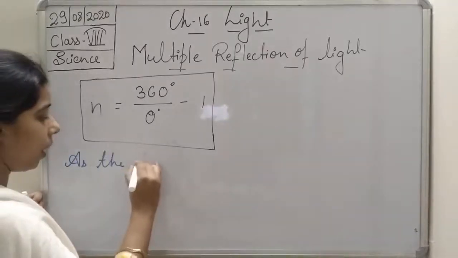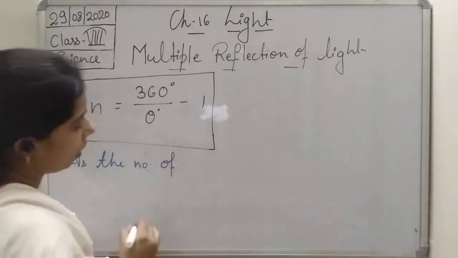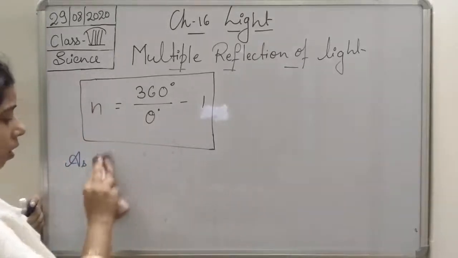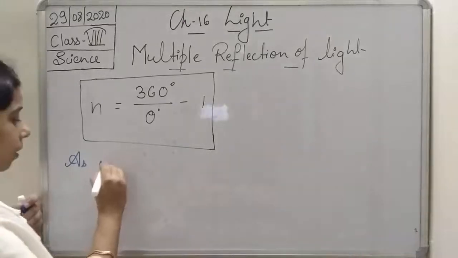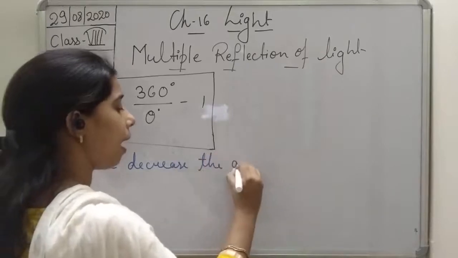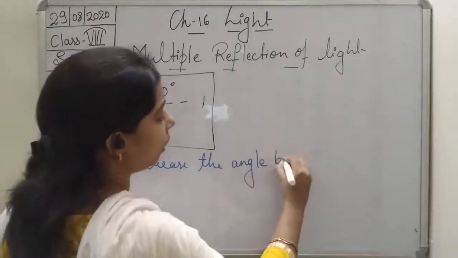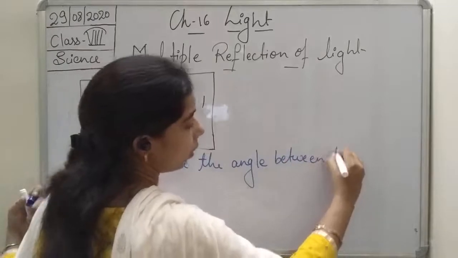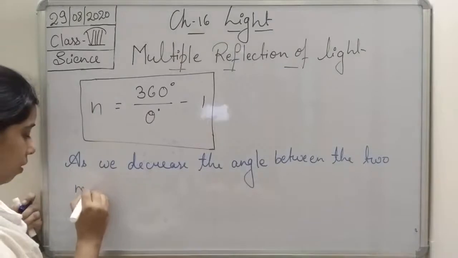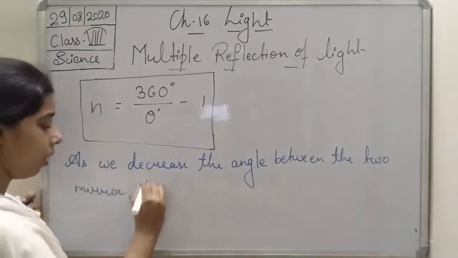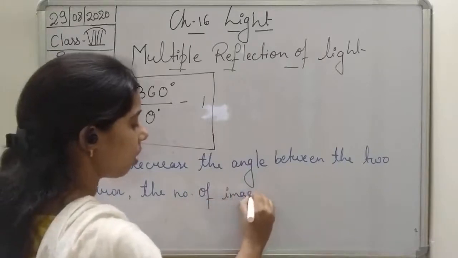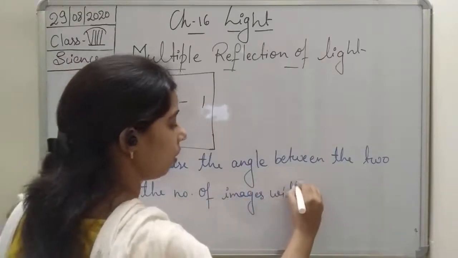as we decrease the angle between the two mirrors, the number of images will increase.